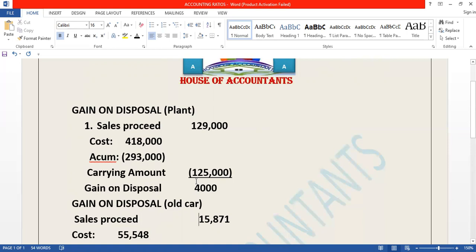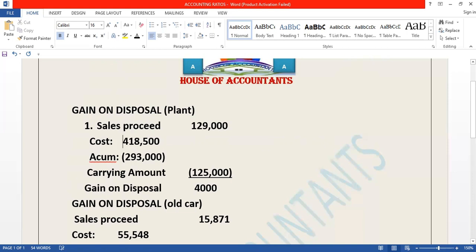125. 125, are you sure? Press your calculator. You are getting the same figure. This is supposed to be 418,500 from that question. Am I right? Yes or no?